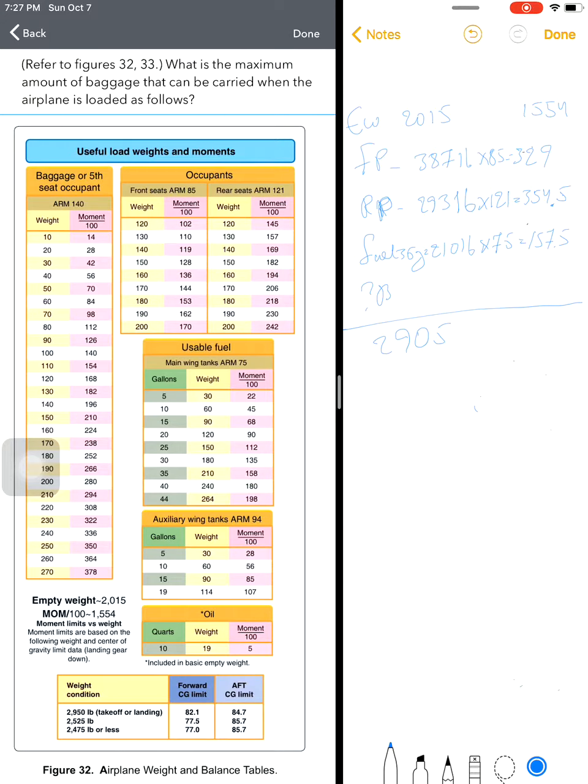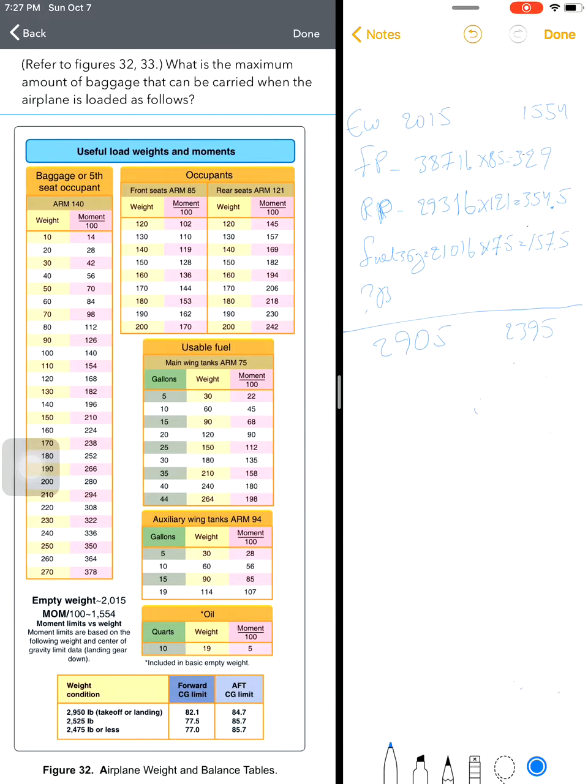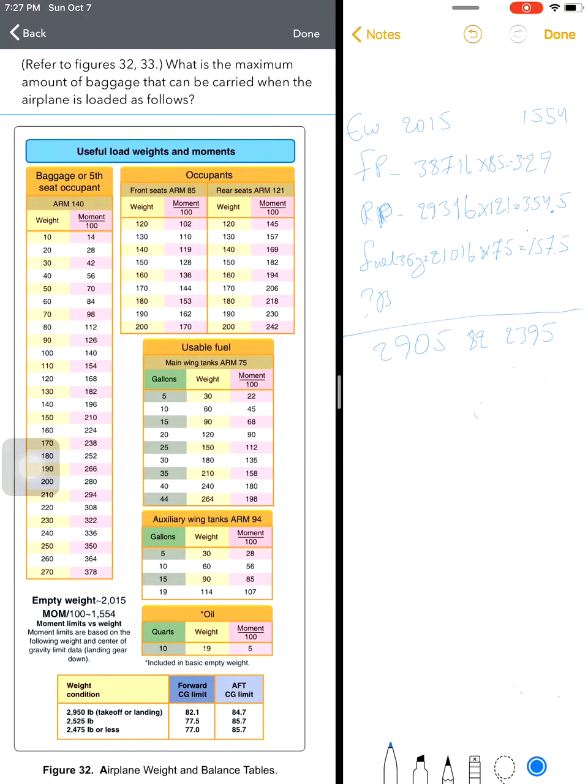Your moment is 1554 plus 329 plus 354.5 plus 157.5. That will be 2395. Okay, 2395. And if I divide that by 2905, I can get my center of gravity, 82.